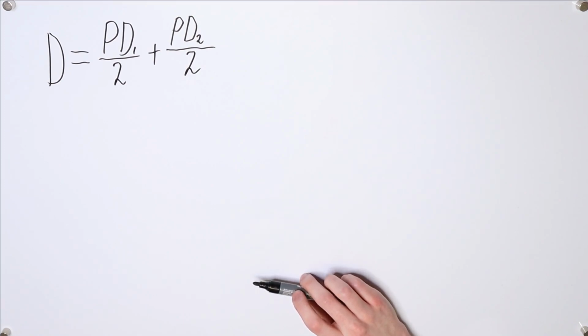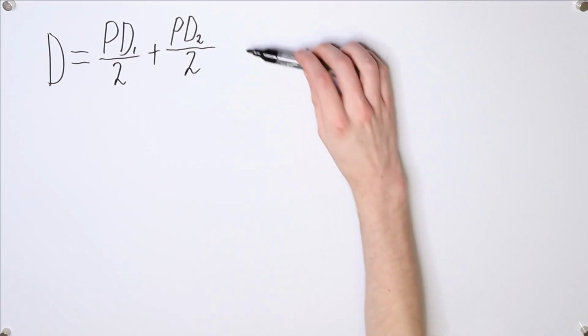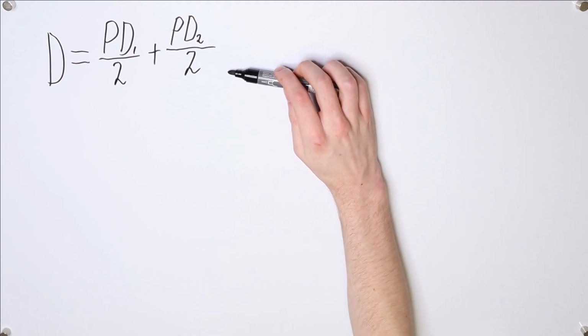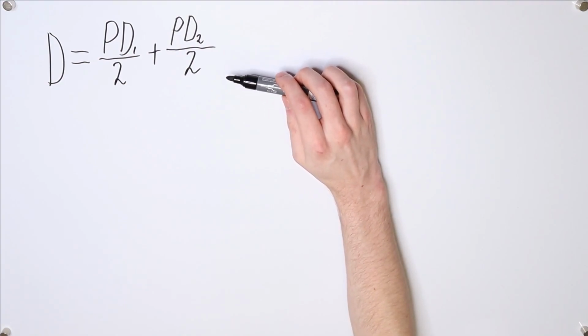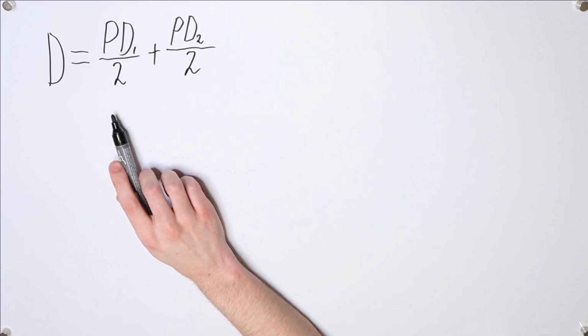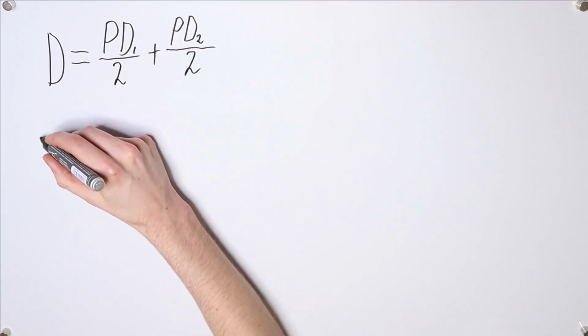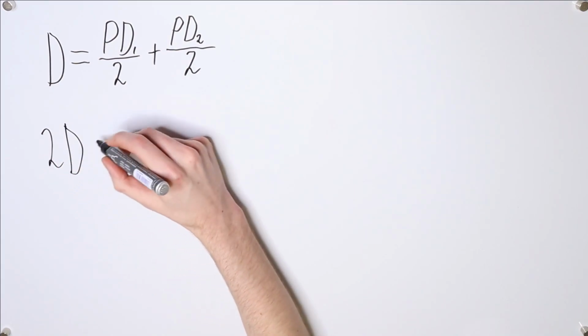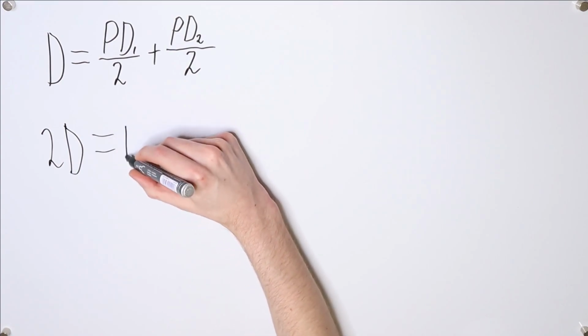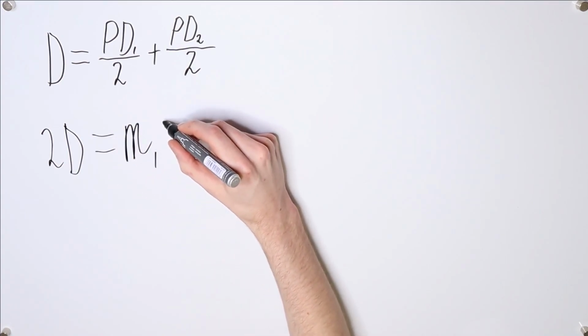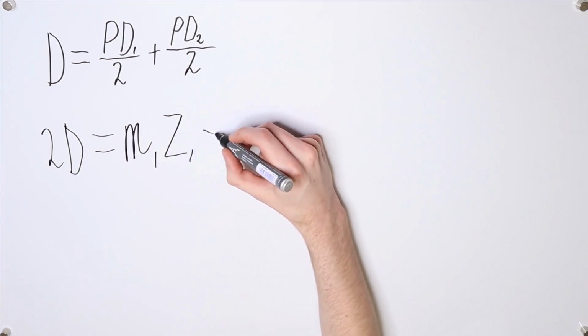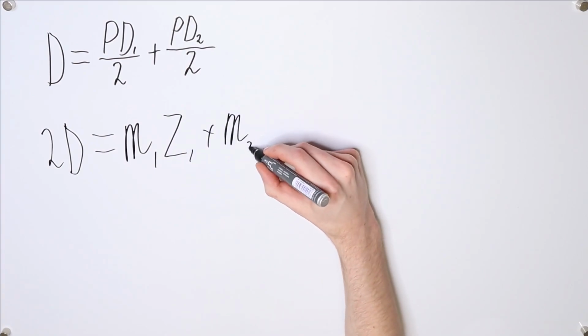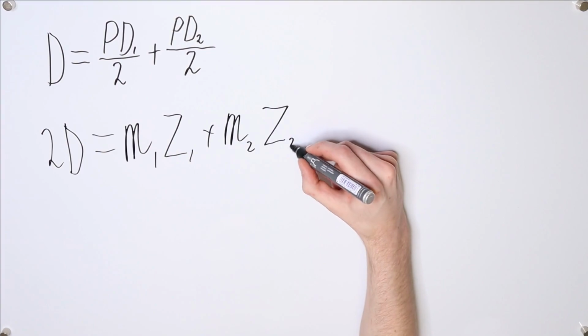In order to prevent such a debacle in the future, I would like to take this third requirement and rewrite it in a slightly more useful way. What I'll do first is multiply both sides by 2, and then for the pitch diameters I will write out their expressions. So the module times the number of teeth plus the module times the number of teeth.